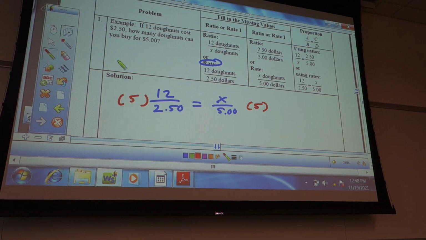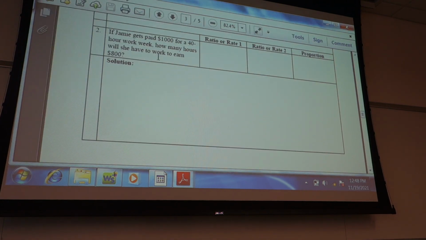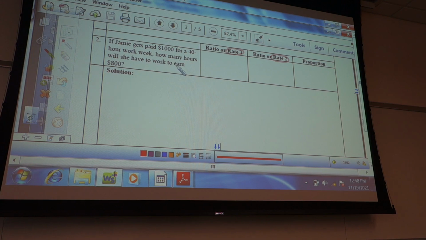So the key is to make sure that we're going to be doing a couple of these. So in here, for the rates, I want you to label them and make sure that, what's my X here? Is my X hours or money? Hours.